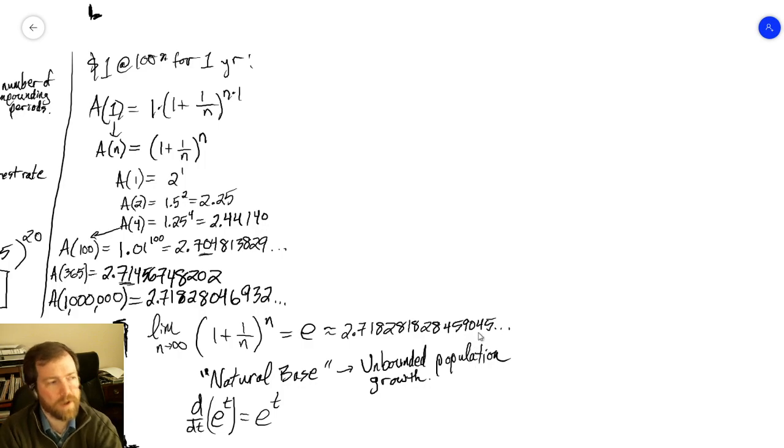With unbounded population growth, oftentimes they use e just because it's nice and easy, especially if you want to do calculus with it and find derivatives of any kind. It's just easier to use the natural base.